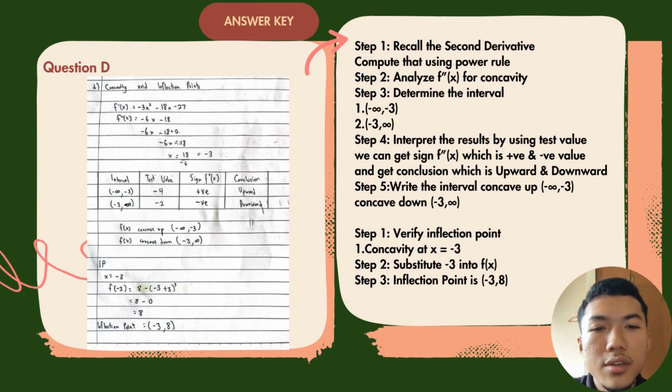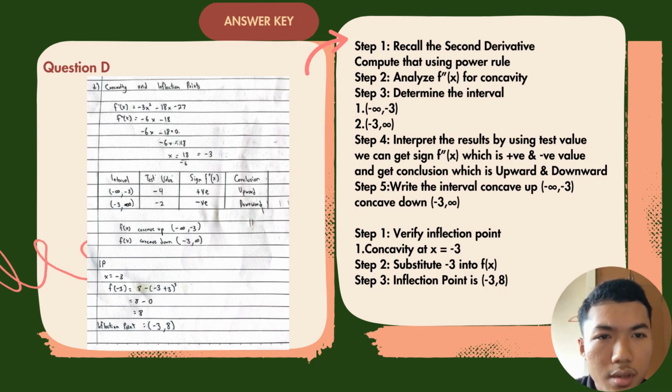D. Find the interval where f is concave up or concave down, hence determine the inflection point of f. Step 1. Record the second derivative. Compute that using the power rule. Step 2. Analyze f double prime of x for concavity. Step 3. Determine the intervals. First, negative infinity to negative 3. Second, negative 3 to positive infinity.